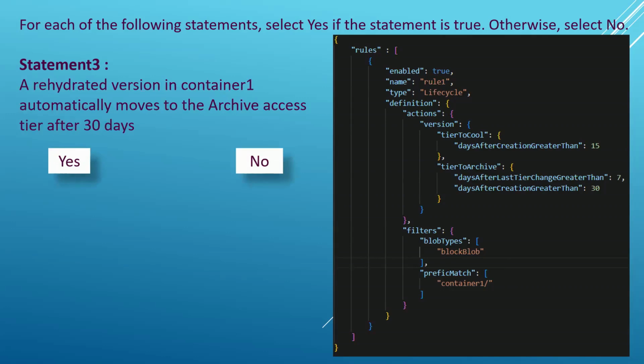A rehydrated version in container1 automatically moves to the archive access tier after 30 days. This one is a bit complicated, as rehydrated versions keep their original creation date and the rule of tier to archive still applies, and it will be moved instantly back to the archive tier. So again, an incorrect choice.